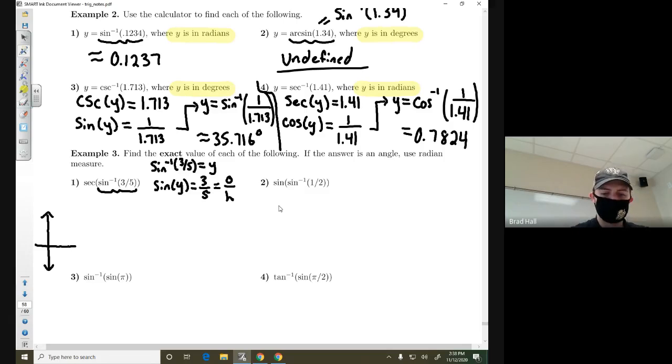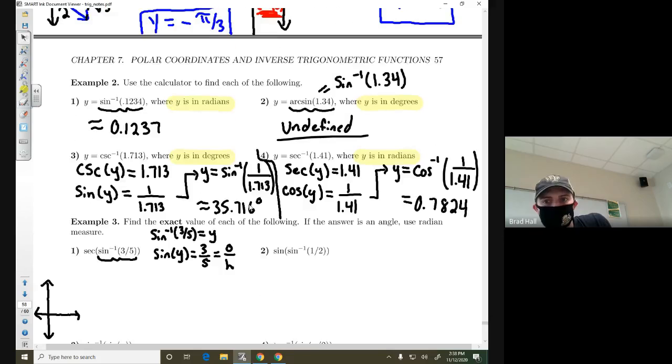But the question is, where do we draw the triangle? That's where the table we talked about on the first page comes back into play. We had sine inverse of a positive number. So let's scroll up to the table.